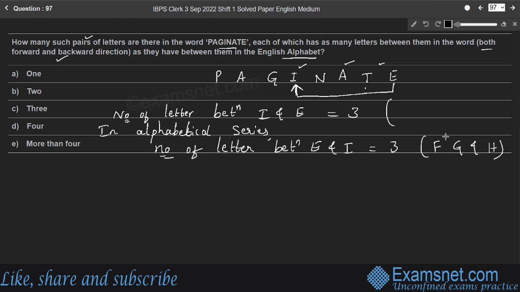Whereas in the given word, the number of letters is 3. They are N, A and T, right? Therefore, there is one pair, that is the I-E pair.